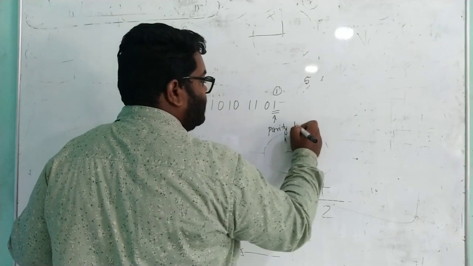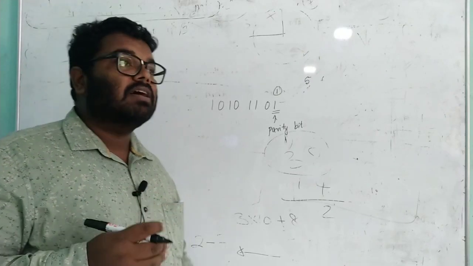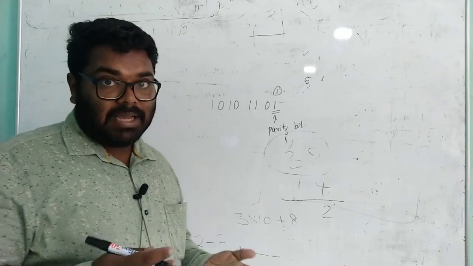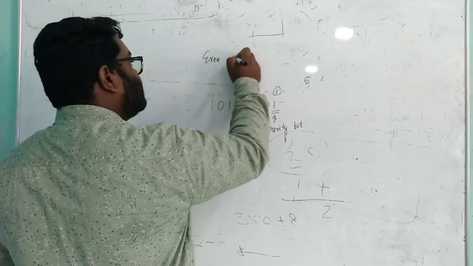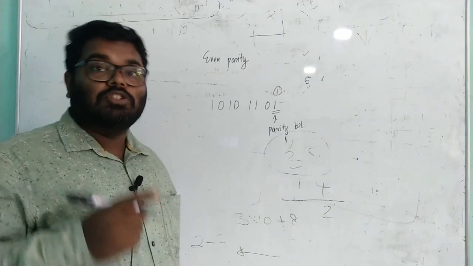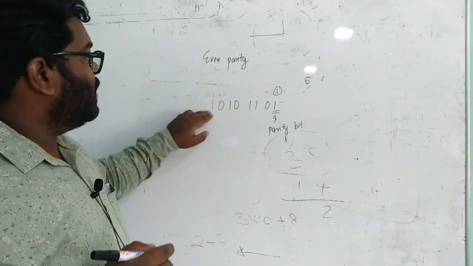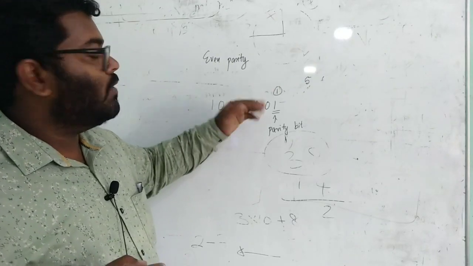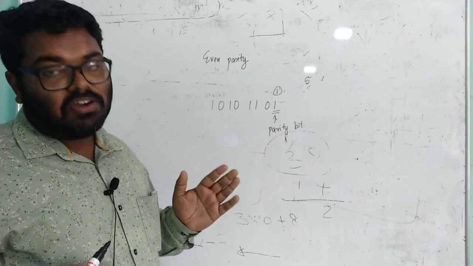So this is the parity bit. Now in case we are using an even parity, in that case the total number of ones should be even. Now let's just count it. So we have 1, 2, 3, 4 and 5. 5 ones, which is not even.